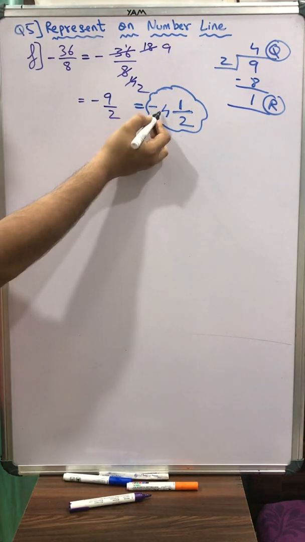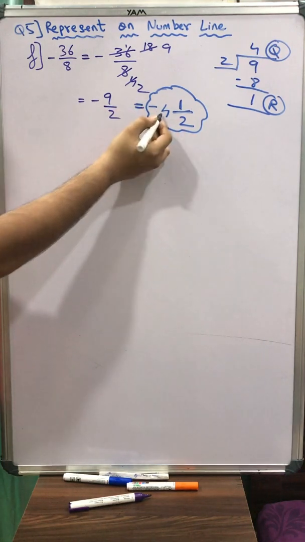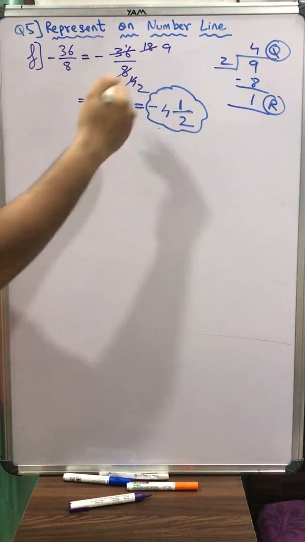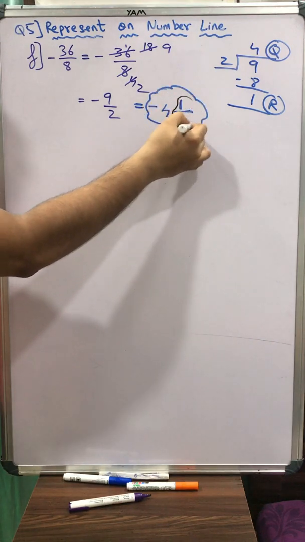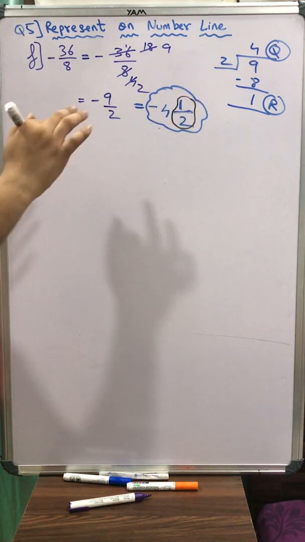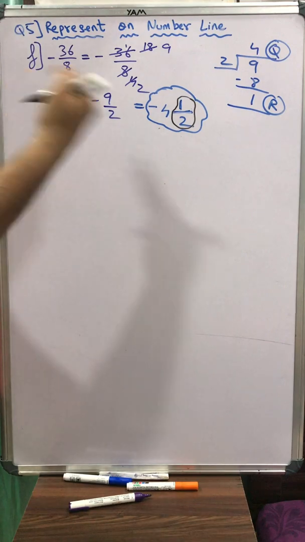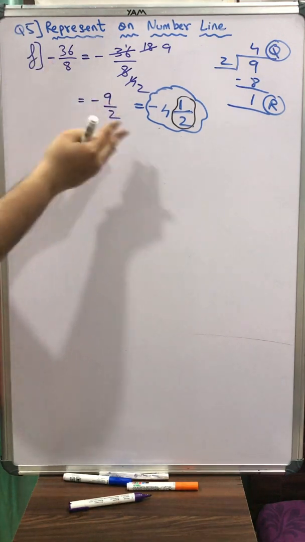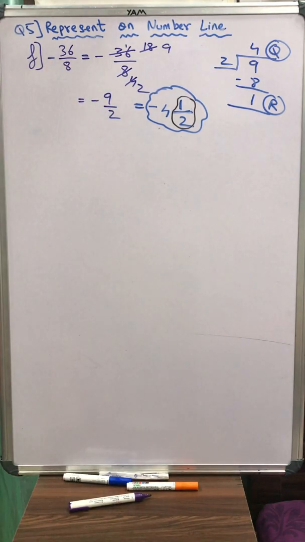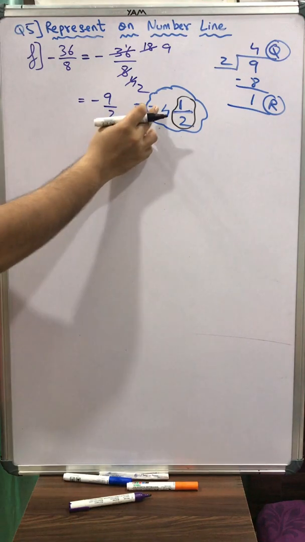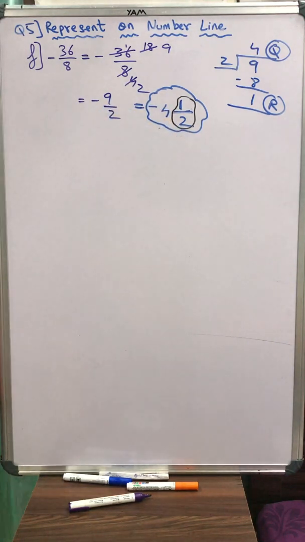See, it's minus 4. Minus means it comes on the left hand side. 4, so complete 4 is there. Then additional to 4 we have here 1 upon 2. Means after 4 there is more half added to it. We have complete 4, and after that 4 we also have half. So now what to do, students?